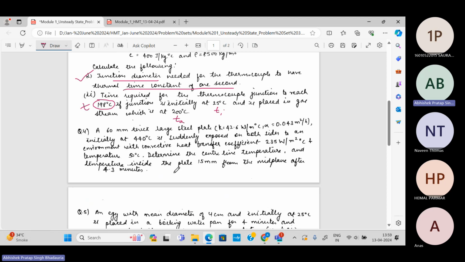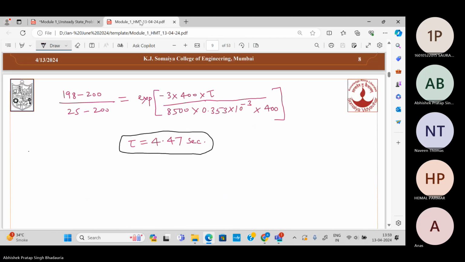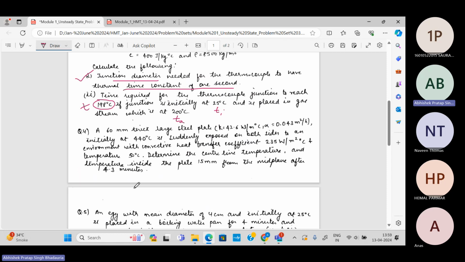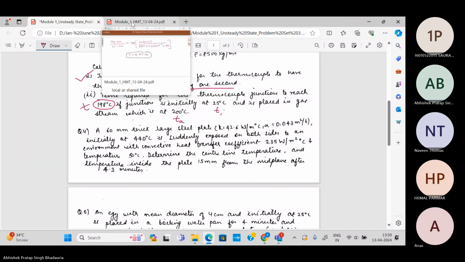So let's solve this problem. I'm providing you 2 minutes. Just initiate this problem, and then we will start discussing and solve it together. So you have the problem set. I'm unsharing this.